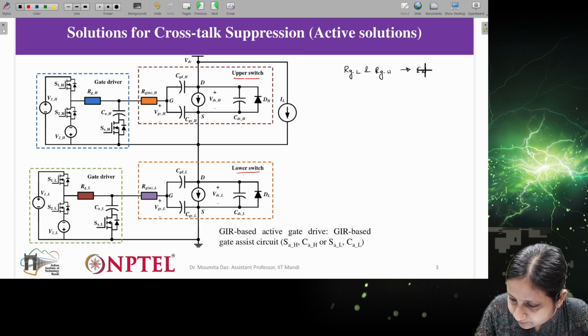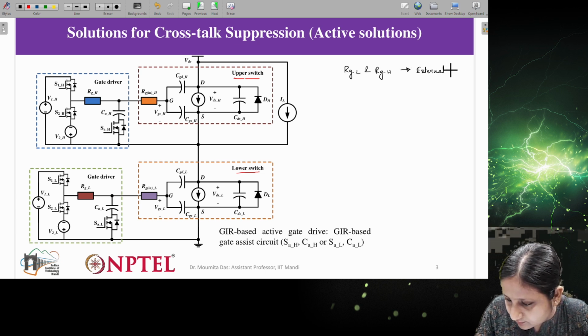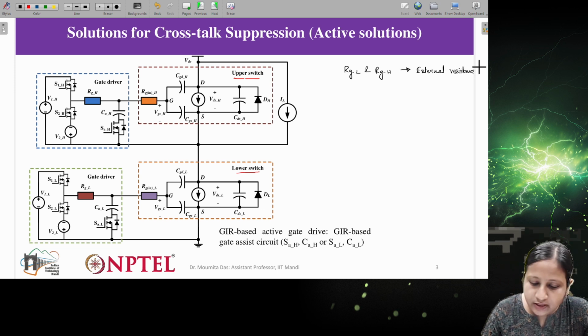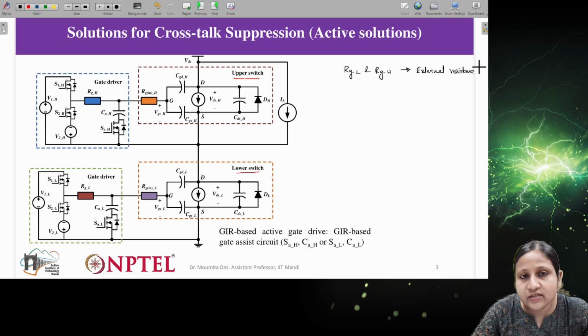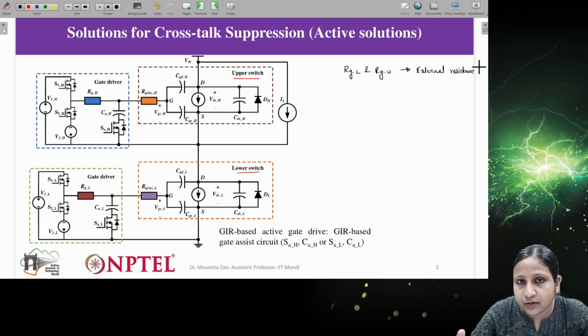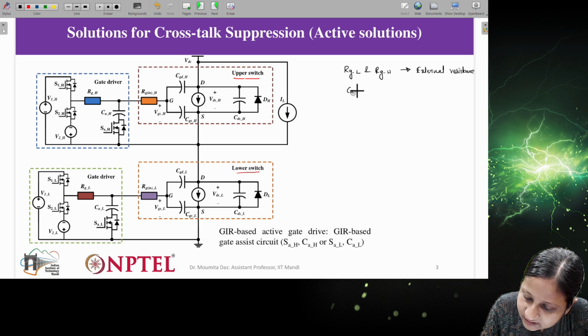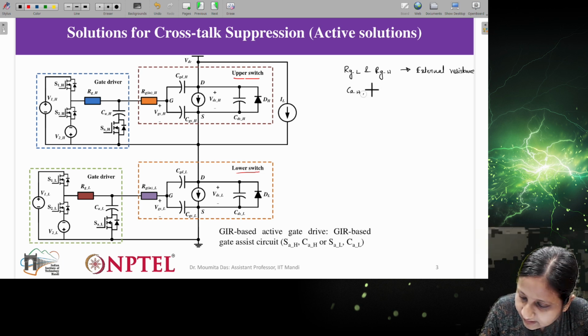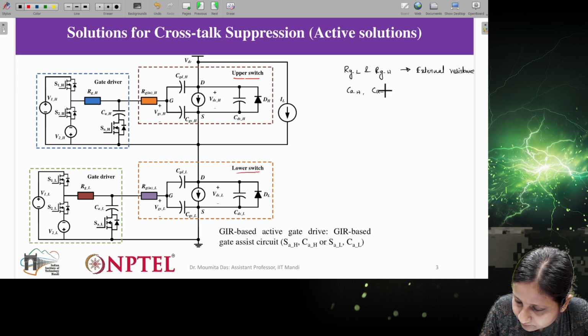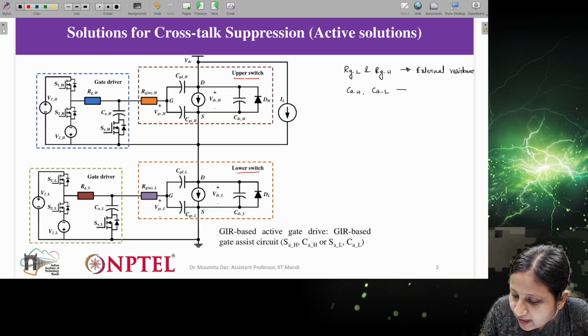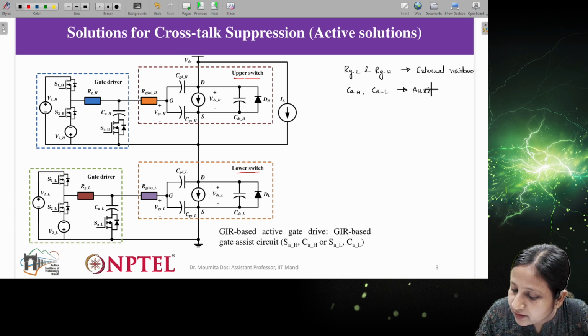The capacitances which we are using for this active solution are given as CAH and CAL. Let's say they are auxiliary capacitances, and they are helping for this crosstalk mitigation.